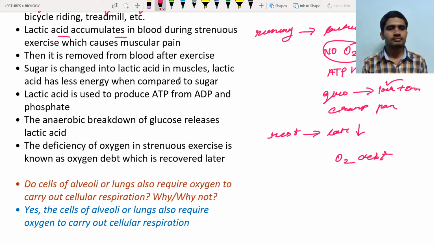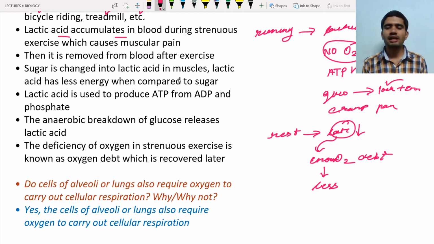Here, just now we have seen the lactic acid production. Another advantage of lactic acid production is that it is going to provide energy. How much energy? The energy will be very little compared to the sugar going through aerobic respiration. But something is better than nothing.